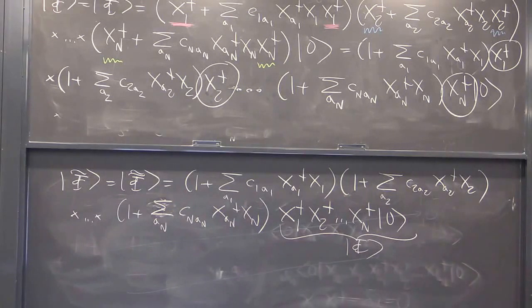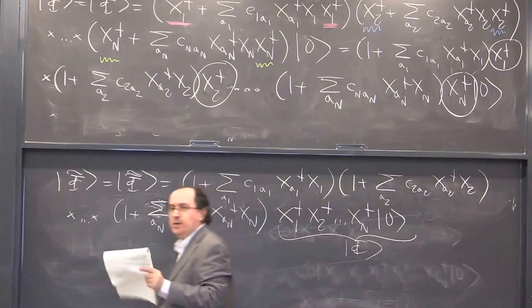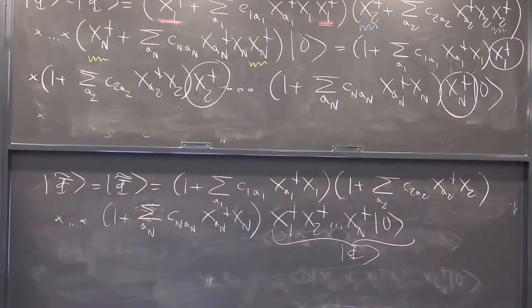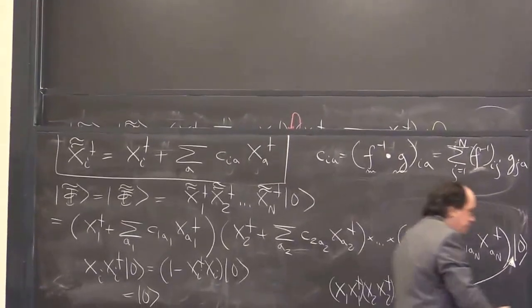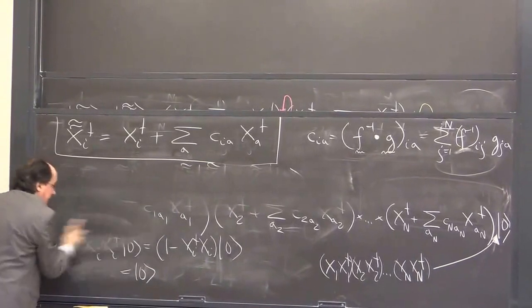Okay? So, in order to see that this is an exponential, let me introduce some additional notation. Maybe I'll also store this notation here, because it's going to be useful for a few final steps.